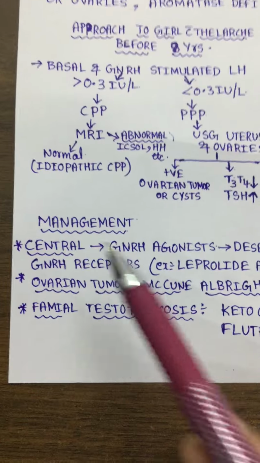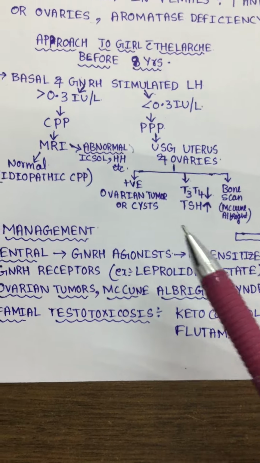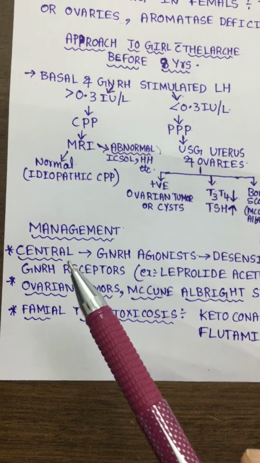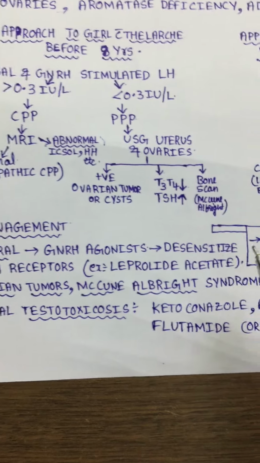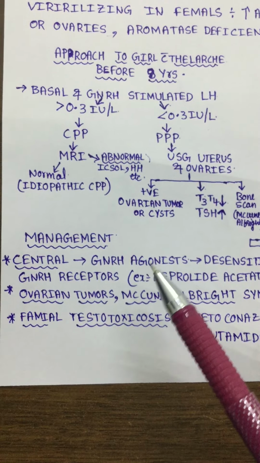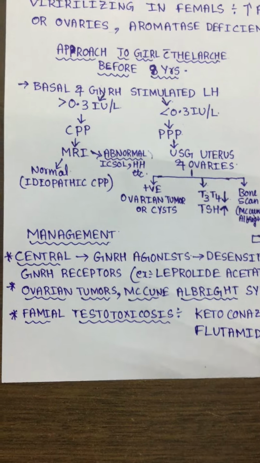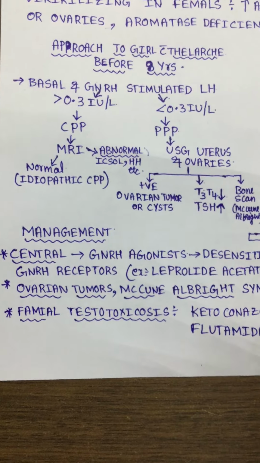For central precocious puberty, GnRH agonist should be given like leuprolide acetate. For hypothalamic hamartoma also, I discussed in the previous lecture. The first line of management is medical, that is GnRH agonist. They desensitize the GnRH receptors, leading to decreased activity of the GnRH on the GnRH receptors.